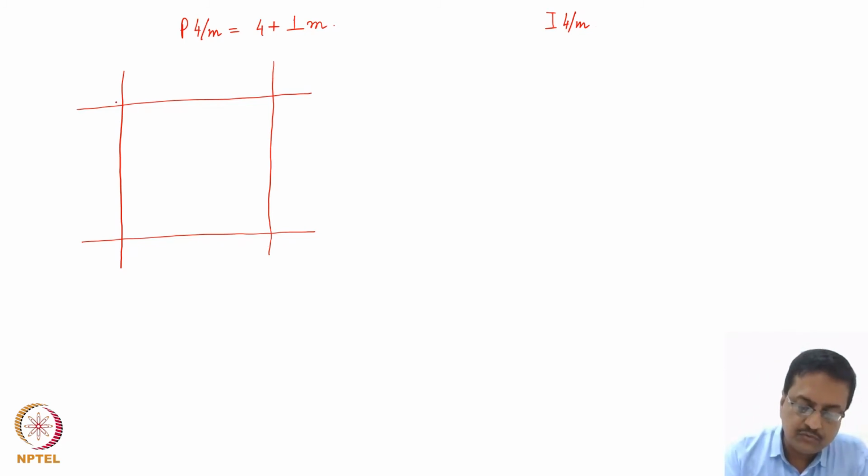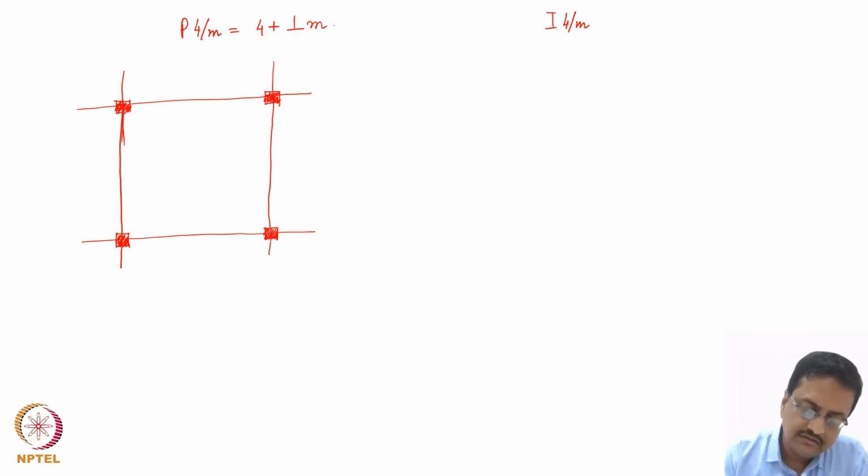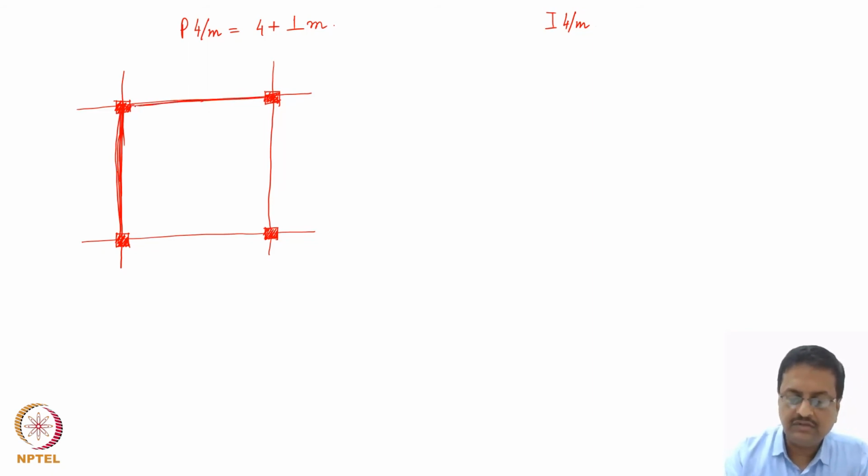So when we say P4, I should first draw the 4 at all the points. And by M means this particular plane which I have already drawn is my mirror plane. So I am drawing the mirror plane as a bold line, which indicates that this particular plane is a mirror plane.